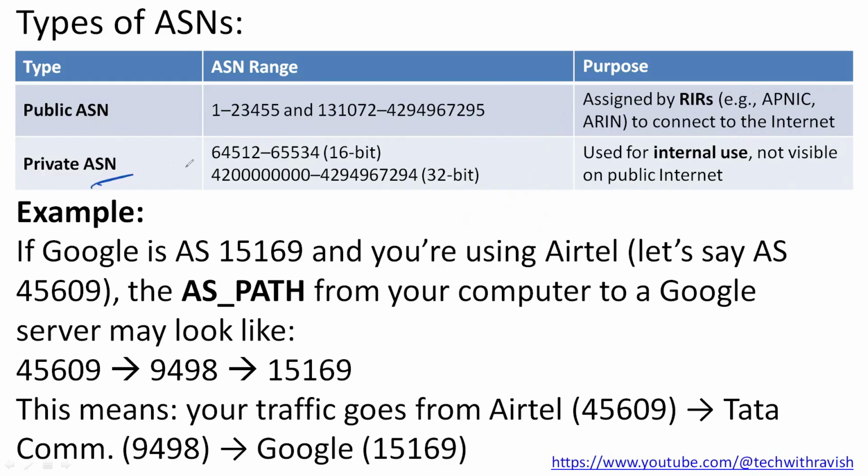The private AS number has a range of 64512 to 65534 and 4200000000 to 4294967294, up to 32 bits. It is used for internal networks, like a mini internet within an organization.